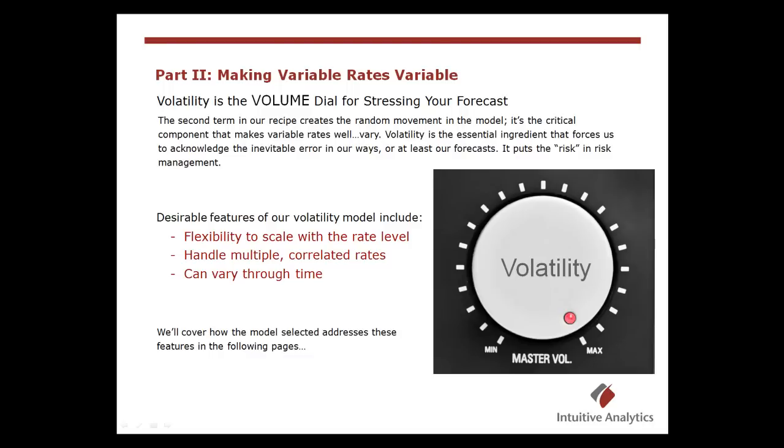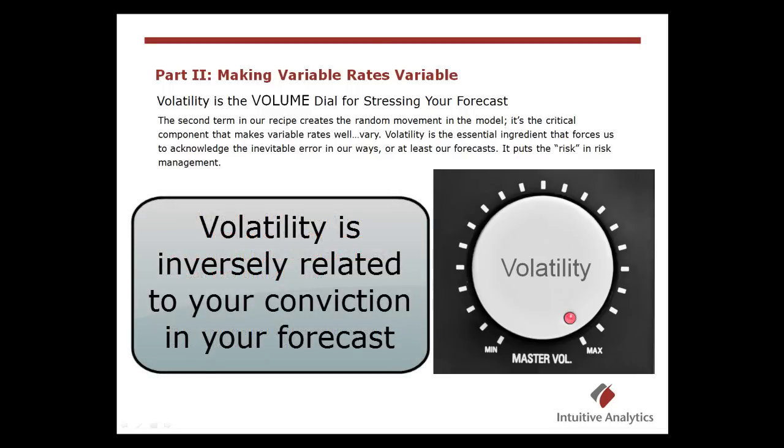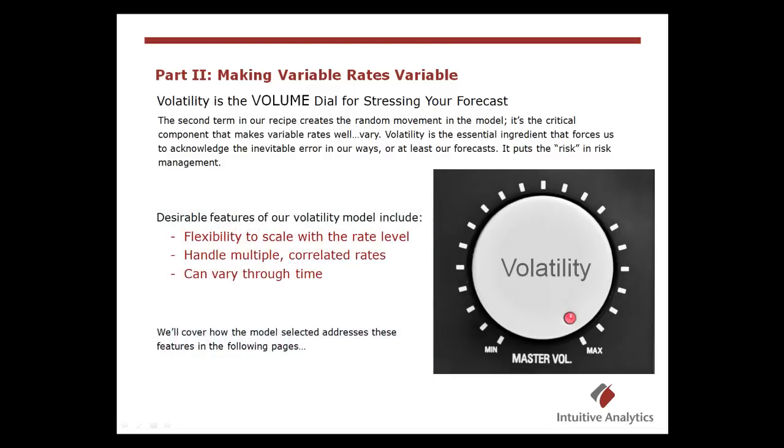So here you can look at volatility as a conviction about your forecast. If your conviction is very low and uncertainty is very high, then you turn the volatility dial up. If, however, your forecast horizon is short and your conviction about your forecast is fairly strong, then you might turn the volatility dial down. And that is really about as complicated as an explanation needs to get about volatility.